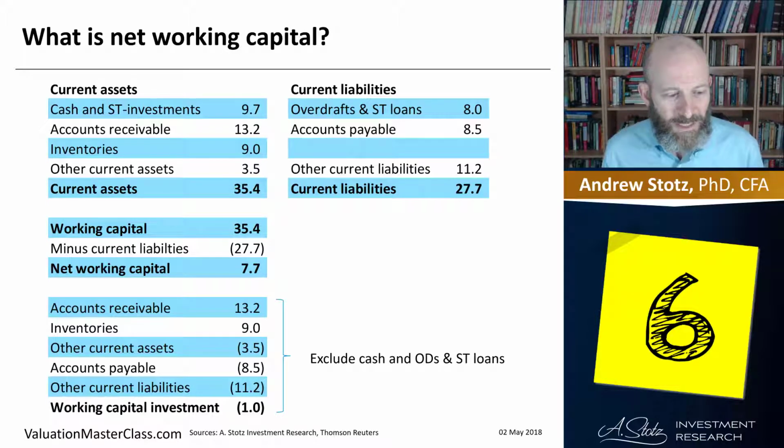But if we look at the way that we look at it in the case of finance and free cash flow calculation, well, we remove the cash and short-term investments and we remove the overdrafts. That leaves us with accounts receivables, inventories, other current assets, and then accounts payable and other current liabilities are the liability side of that. So if we look at that amount, in this particular case, we've added up accounts receivable, inventories, and we go through all of that, and what we can see is -1.